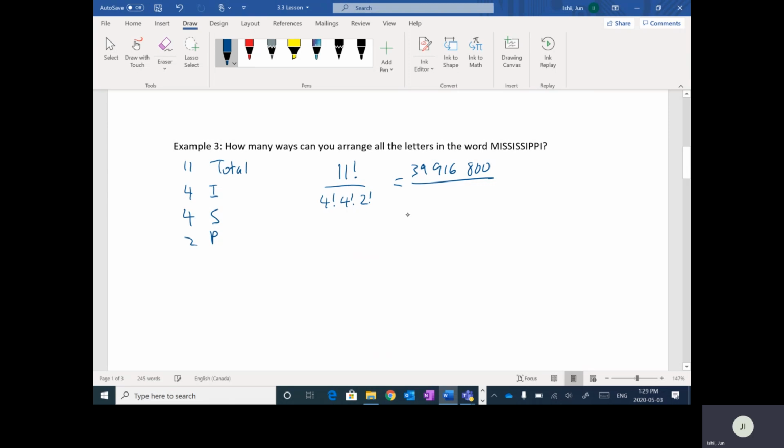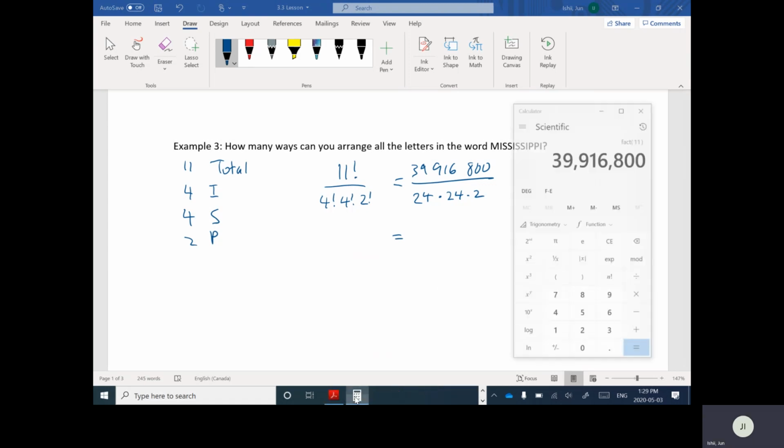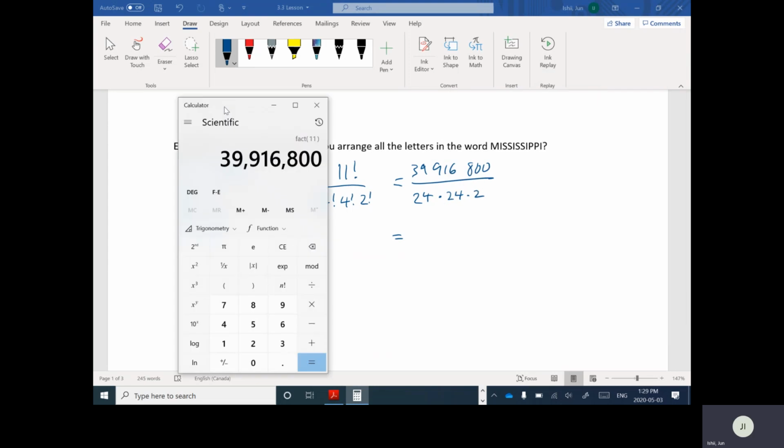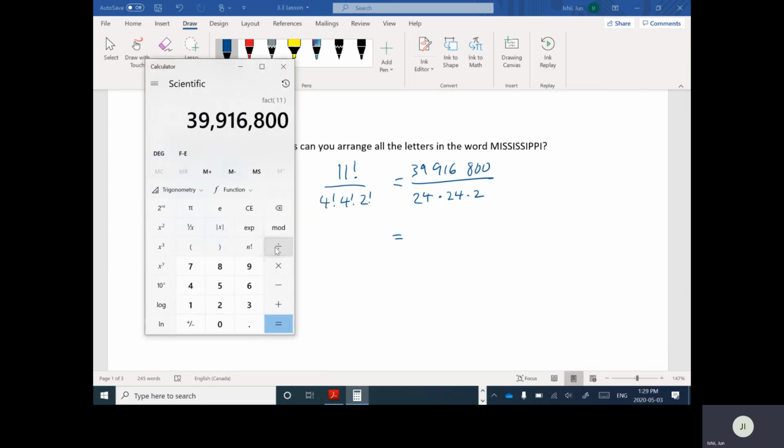And then I'm going to have to divide it by 4 factorial, which I think I have memorized. 4 times 3 times 2 is 24. So 24 times 24 times 2. Okay, so when I'm going to punch this into my calculator right now, I'm going to take this 11 factorial and divide it.